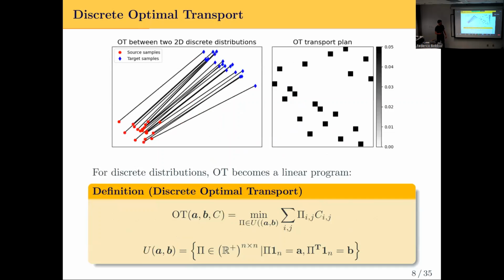In this case, the optimal transport problem becomes a linear program. It still has some constraints on the transport plan pi. Pi is now a transport plan, which is still a joint probability distribution, and its marginals need to be equal to the probability vectors a and b, which are the probability weights of the distributions.